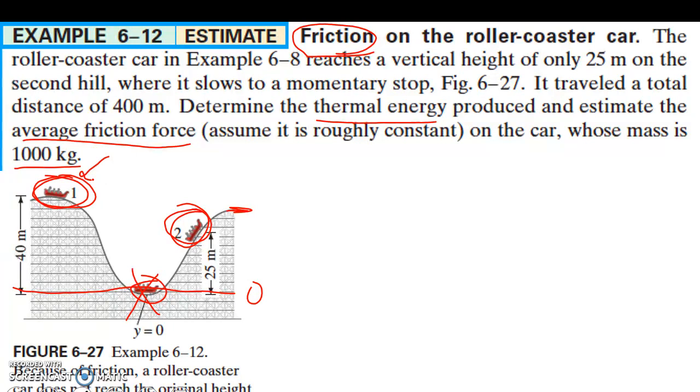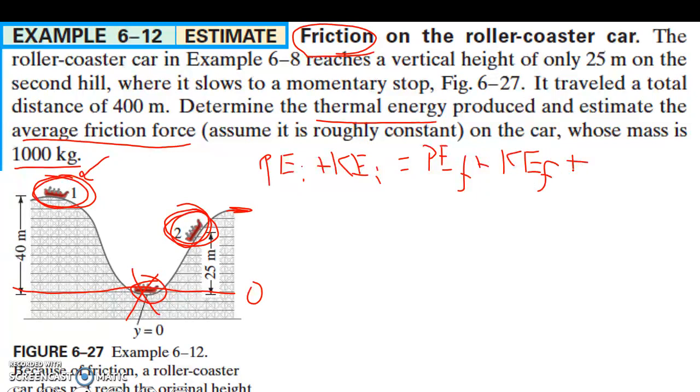So let's talk about initial. Here's what we got initially. Initially, we have potential energy and kinetic energy. Okay. Here in the middle, or at the end, there's going to be potential, and there's also going to be kinetic.